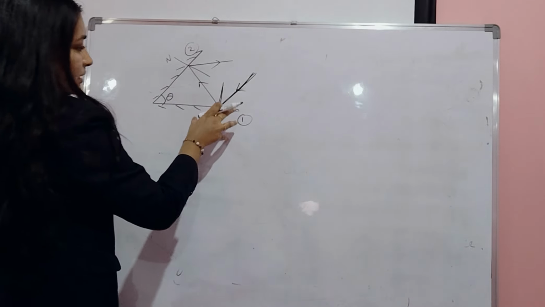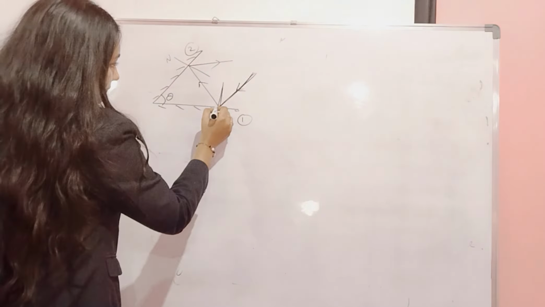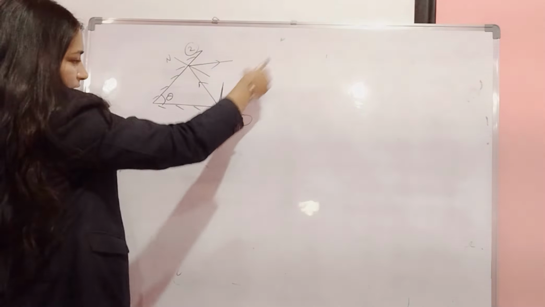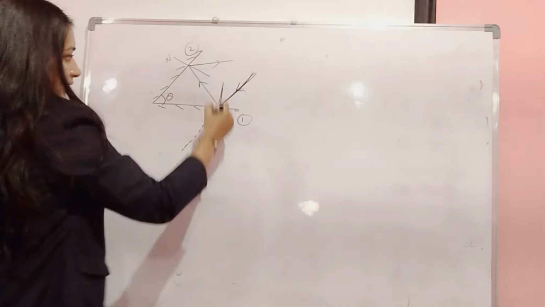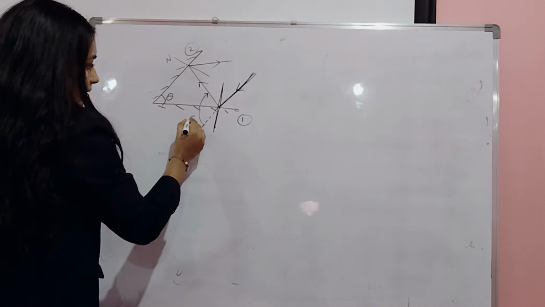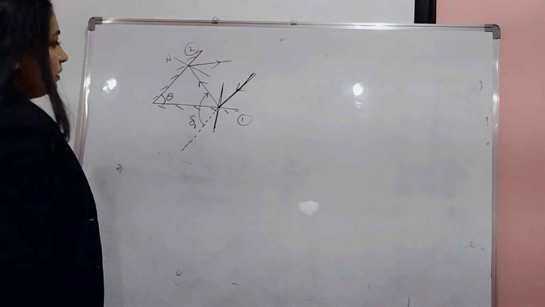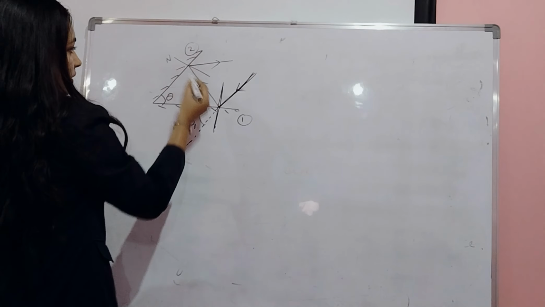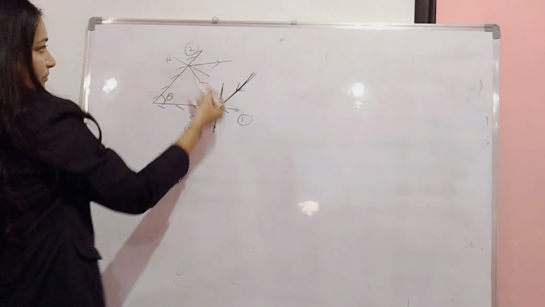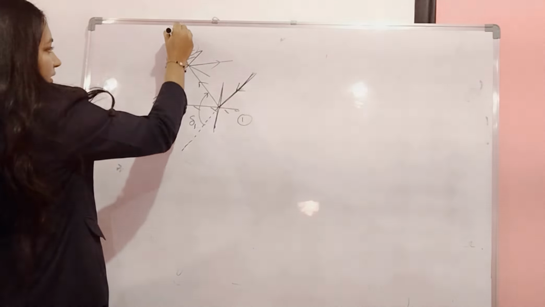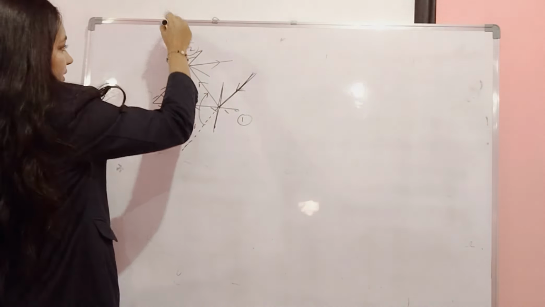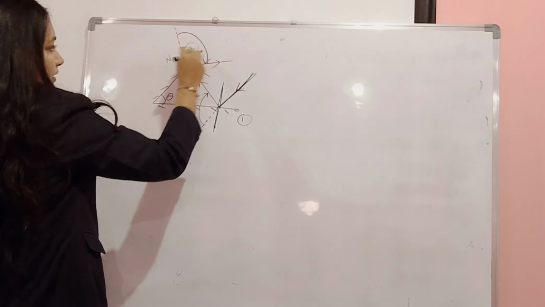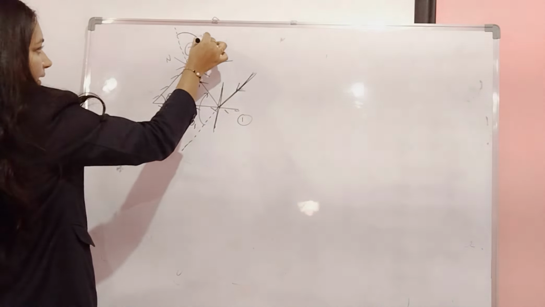Now here for the first mirror, what is angle of deviation? See, the angle between original direction of the incident ray and the reflected ray. So this is the angle of deviation of the first mirror. And for the second one, this is the original direction of the incident ray and this is the reflected ray. So the angle between this one and this one, this is delta 2.